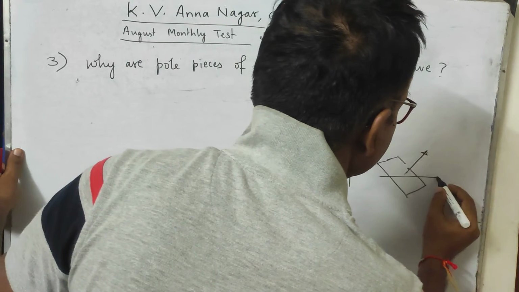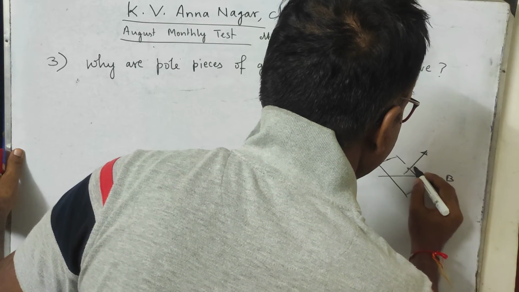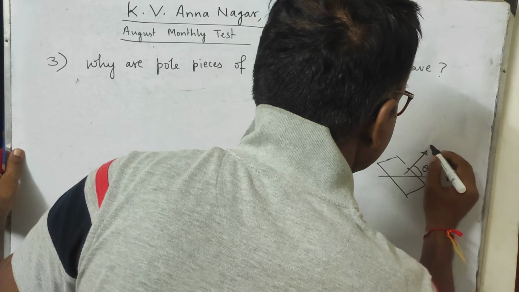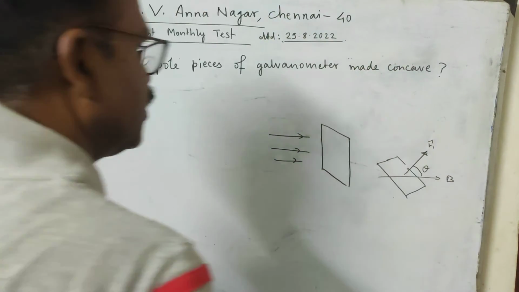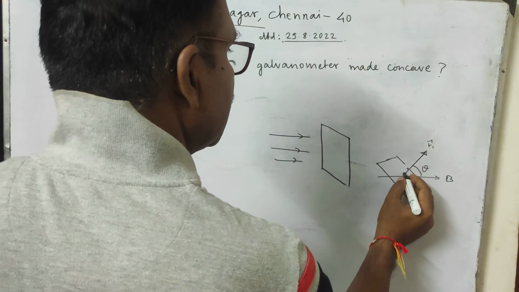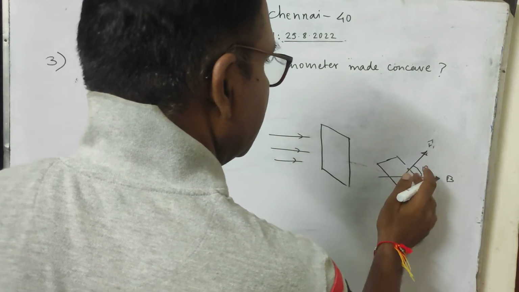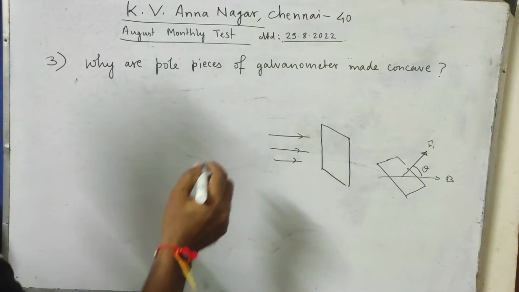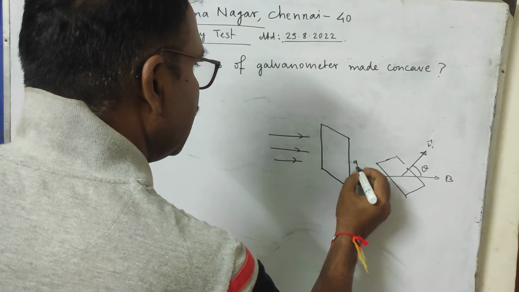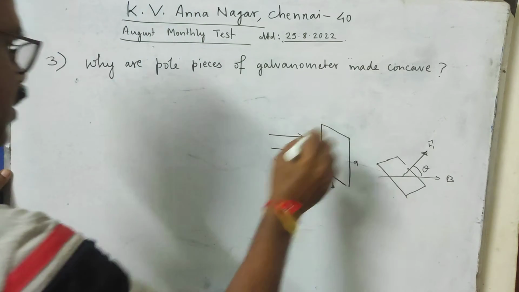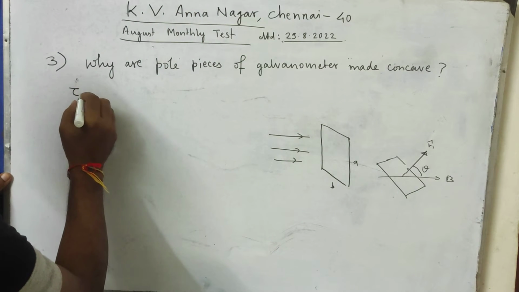Suppose B is this, then this angle, if we consider it as theta, this n cap is perpendicular to this surface. This is called the surface vector, and the angle with B is theta. In that case, the torque on this loop will be T external.